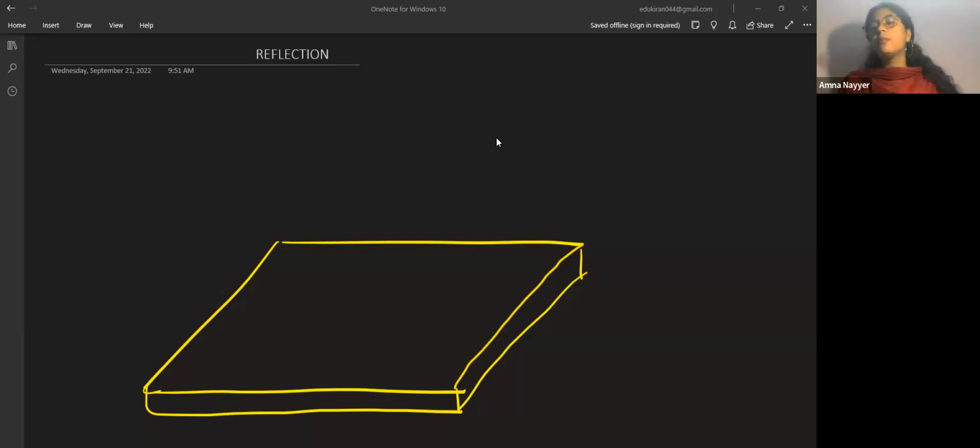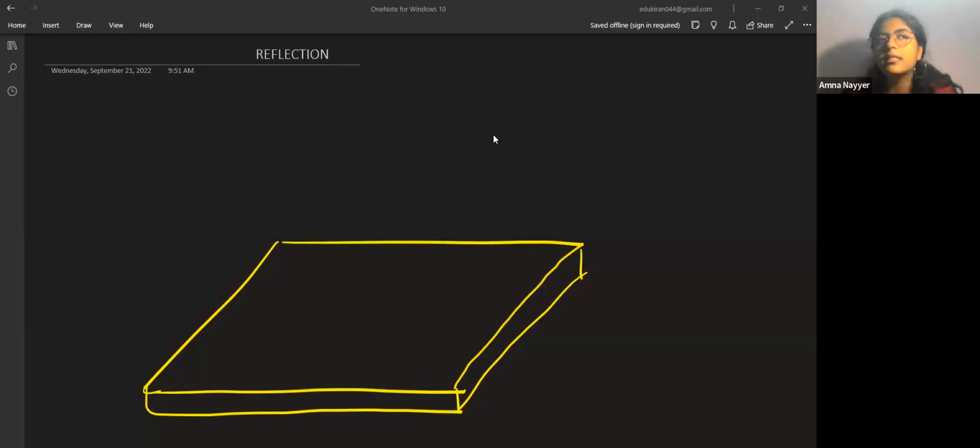Whenever you have a huge portion of light and you take a small portion, that is known as a ray.